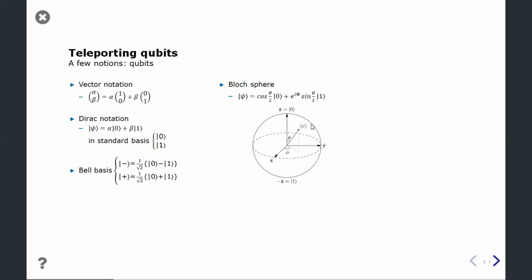And just because I will use this term, by default the standard basis is 0 and 1, but there exist other bases, like the minus-plus basis, which is called the Bell basis, that can also represent the state of a qubit, but in a different basis.